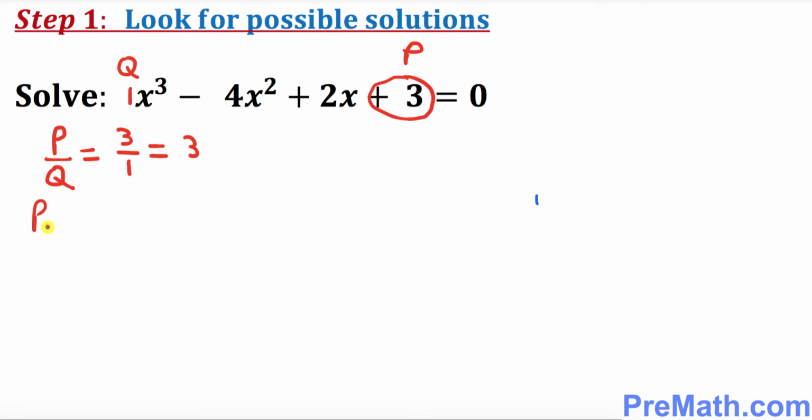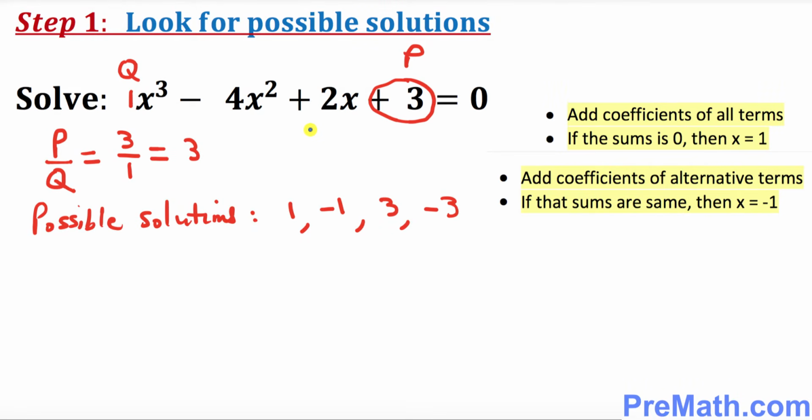So our possible solutions are going to be positive 1, negative 1, positive 3, and negative 3.